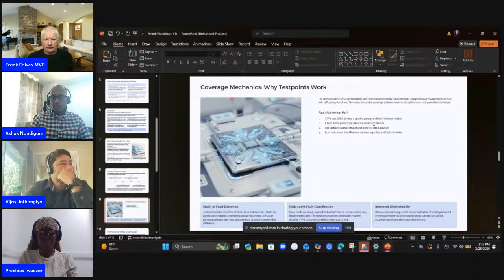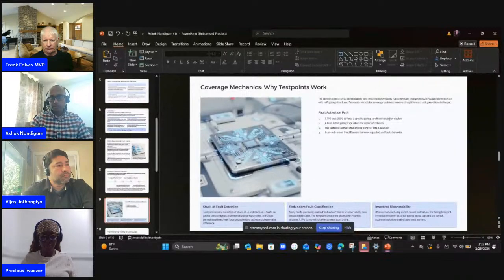The enable pin of the clock gating cell is controlled through a test point, along with the functional logic. That way we can avoid the dependency on the functional values. Instead, we can use the test points and be able to test the behavior of the clock gating cell before we ship to the customers.